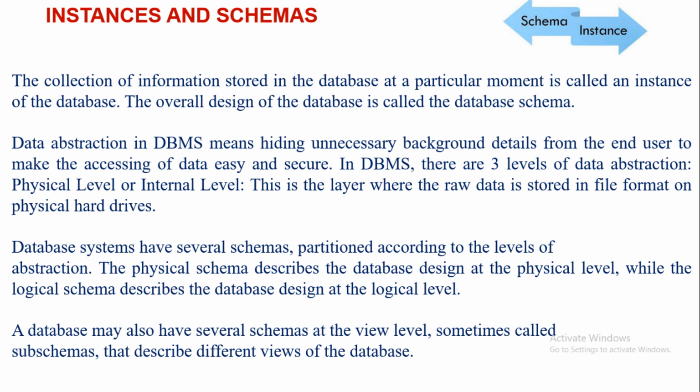In the DBMS, there are three levels of data abstraction. The first is the physical level or internal level. The next is the conceptual level, and the top one is the view level. The physical level is the layer where the raw data is stored in the format of files on the physical hard drives.